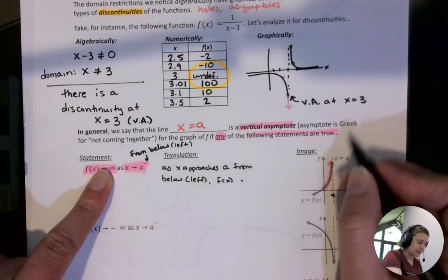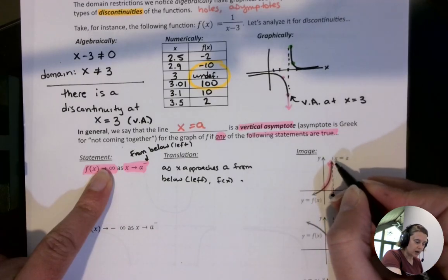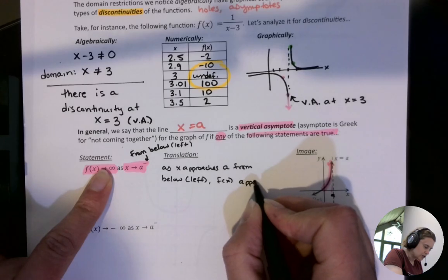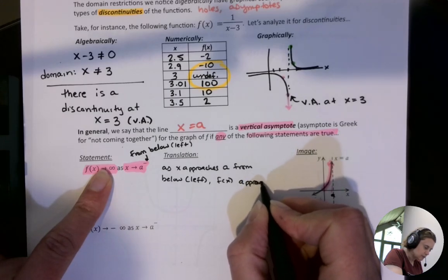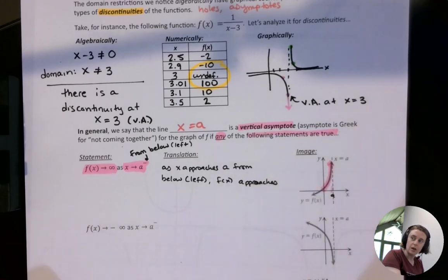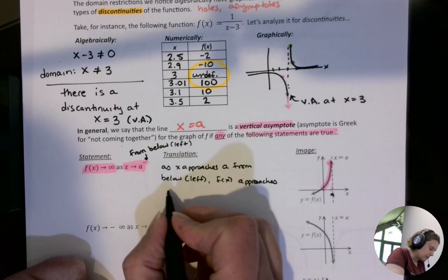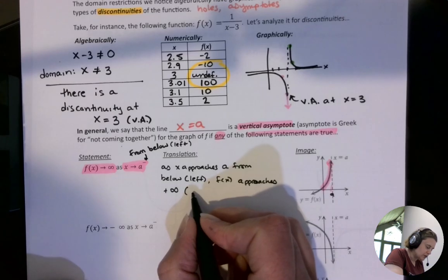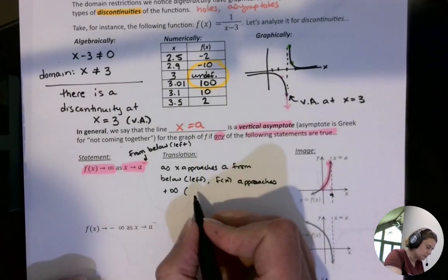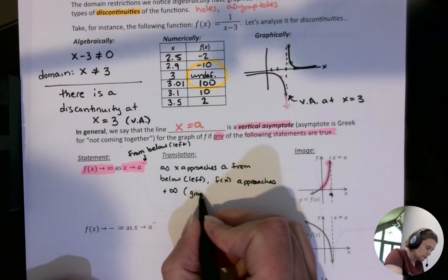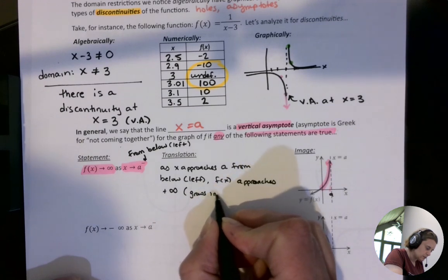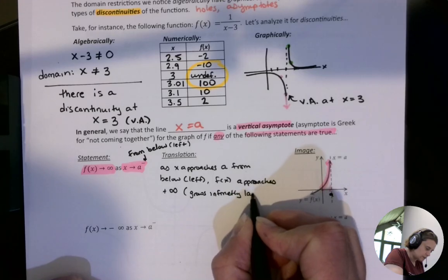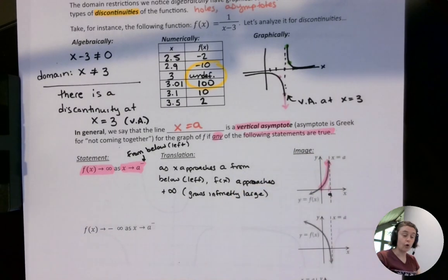Two ways of saying the same thing. It is growing to be an infinite value. I'm going to use the first version and say it approaches positive infinity, so extremely large positive values. So it grows infinitely large.